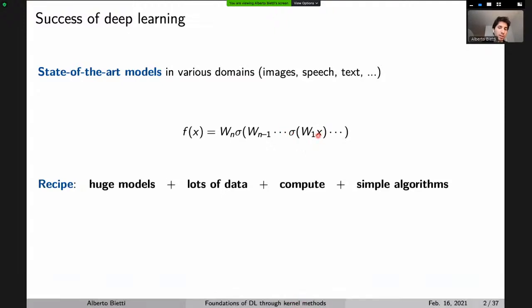So if X is maybe an image, here these W are matrices that are potentially structured, and these sigmas are nonlinear pointwise activations like this ReLU function. The typical strategy is to make the models as big as you can with some specific architecture, then feed them a lot of data, like a huge data set like ImageNet or even bigger, and put them on GPUs so that you can compute things very efficiently and use typically simple algorithms like gradient descent or stochastic gradient descent or variants. And this has usually worked very well empirically.